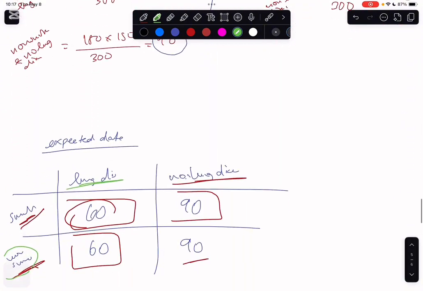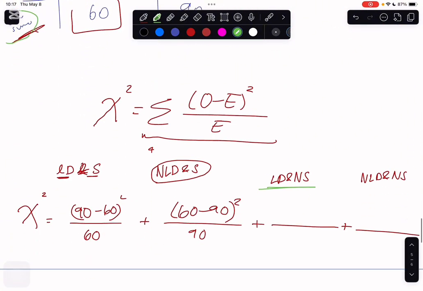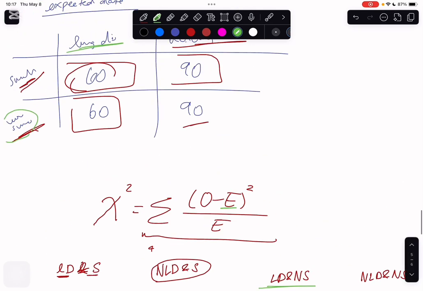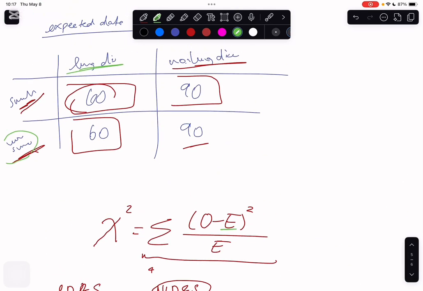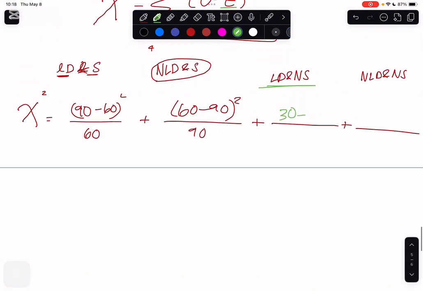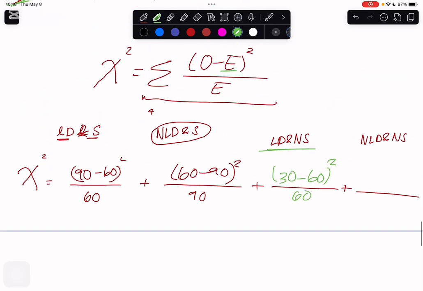So we have the value of 30 minus the expected value from the expected data of lung disease and non-smoker, which was 60. So minus 60, all squared over 60. And this one is 120 minus 90, all squared over 90.